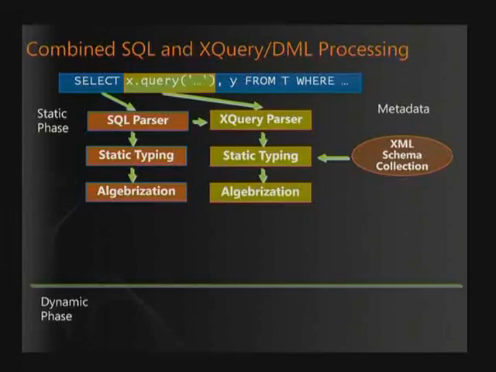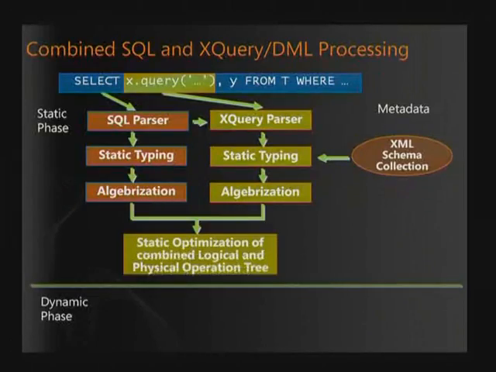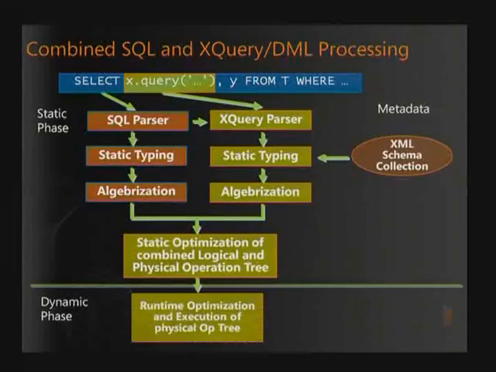The typing might use the XML schema collections to actually have additional information available about cardinalities and about the actual data types. Once you have these algebra trees, you basically combine them into a single algebra tree that you then statically do some optimizations with and map it into a physical operation tree, which then gets executed at runtime and might get further optimized by using available XML, relational, full text indices, etc.